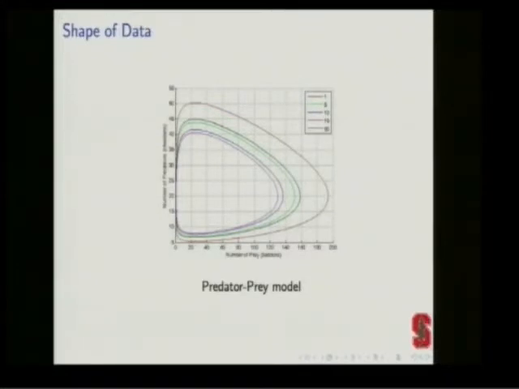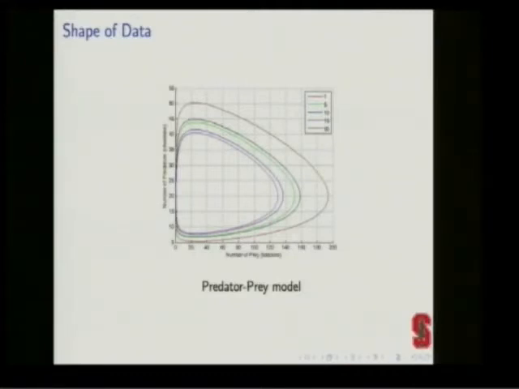Each one of those colored loops there is with a different set of parameter values in the differential equation. But the thing I want to point to here is the fact that these sets don't break up into clusters at all. However, they're all loops. And what that loopiness reflects is the fact that there's periodic or recurrent behavior going on in this data.